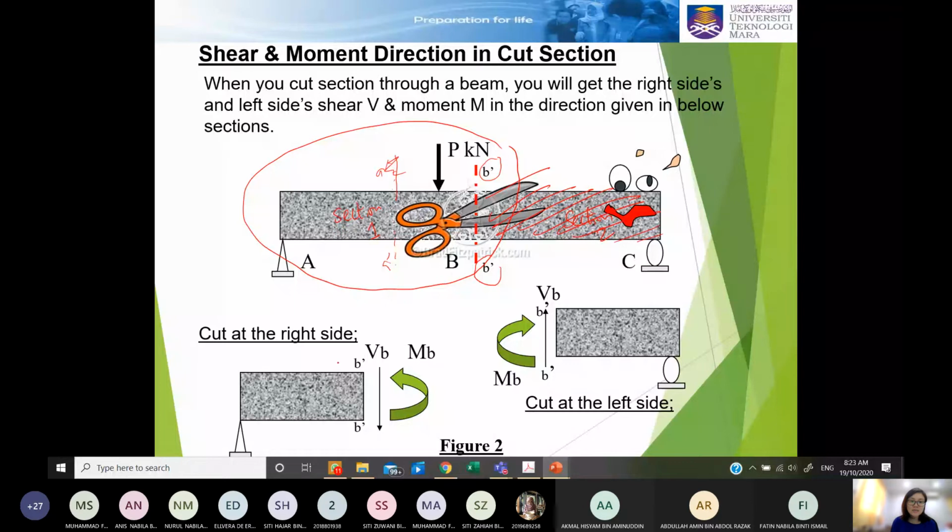So what is missing here? Anything missing for this right section, section 1? This is missing P kilonewton. Anything on that section, especially the load, the support reaction, or even the section sizes, everything on that particular cut section must be included in your analysis.